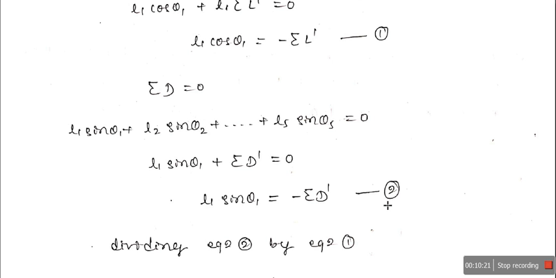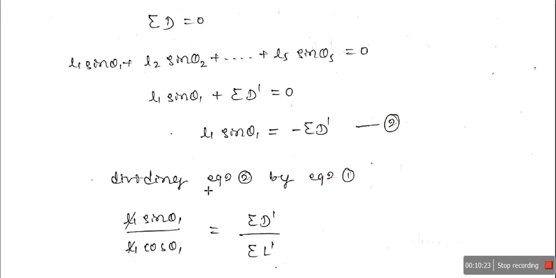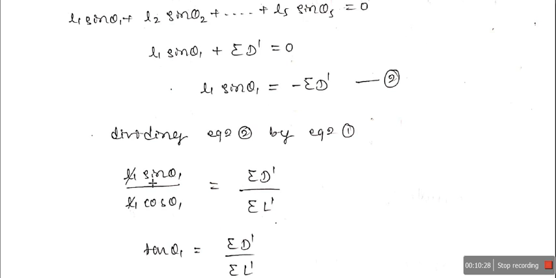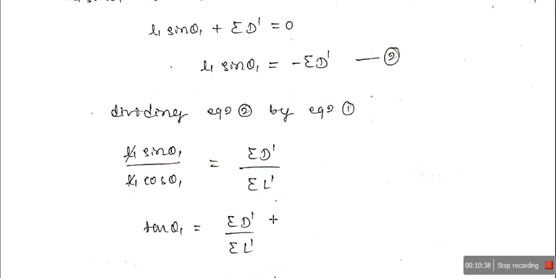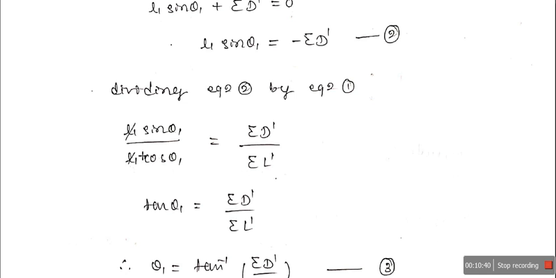Then equating these two, dividing equation 2 by equation 1, we will get L1 sin theta 1 divided by L1 cos theta 1 is equal to summation of D dash divided by summation of L dash. Simplify this one, L1 and L1 get cancelled. Sin theta 1 by cos theta 1, you can write that one, that is tan theta 1, that is equal to summation of D dash divided by summation of L dash.